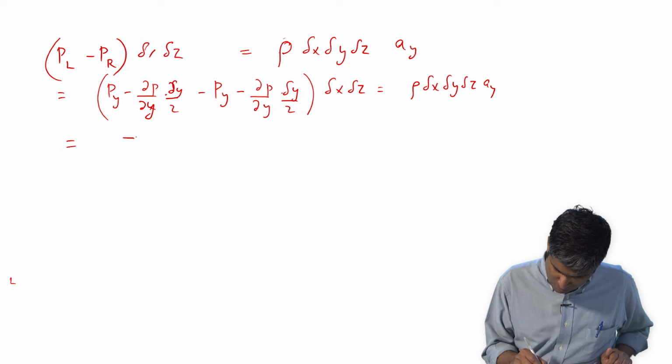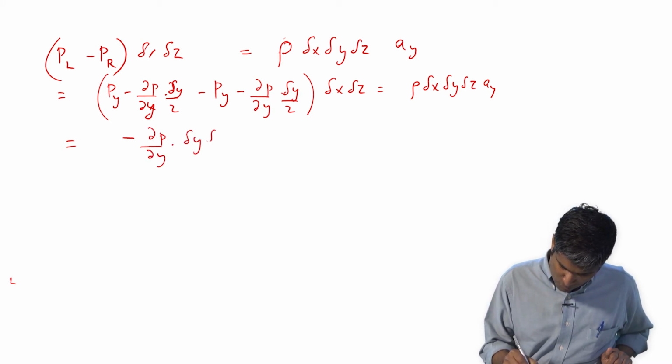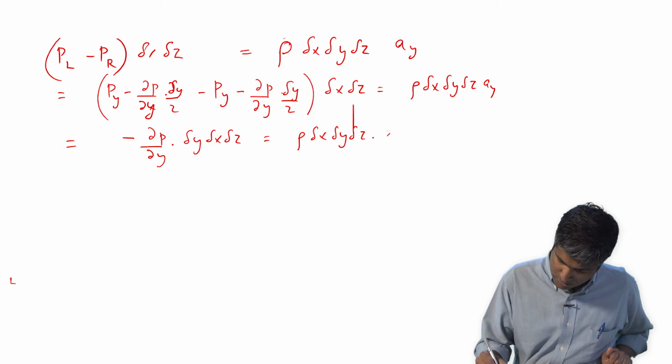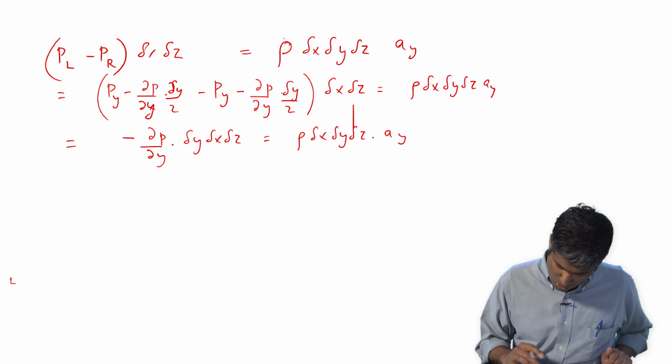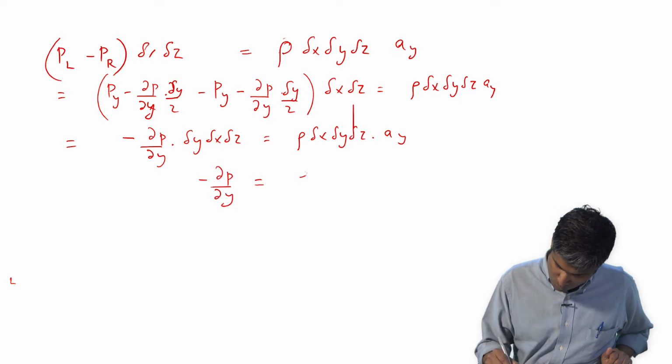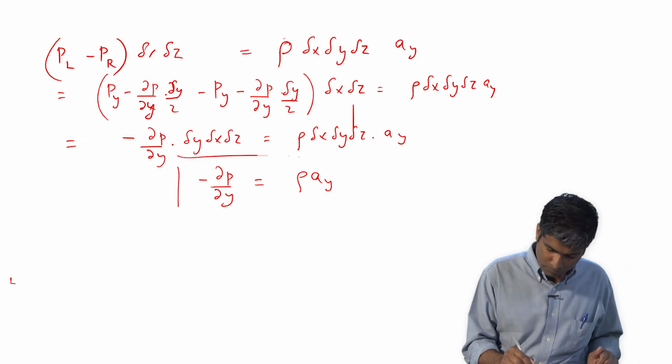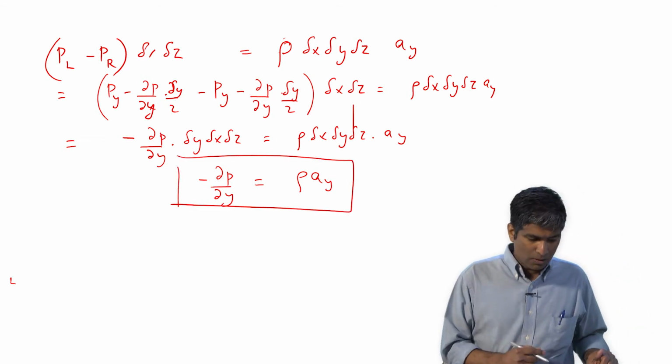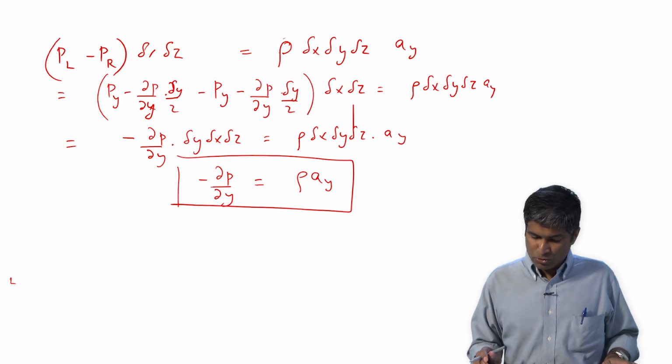What I'm left with is minus del P del y times delta y delta x delta z is equal to rho delta x delta y delta z times Ay, or minus del P del y equals rho Ay. That's in the y direction where there is no gravity present.